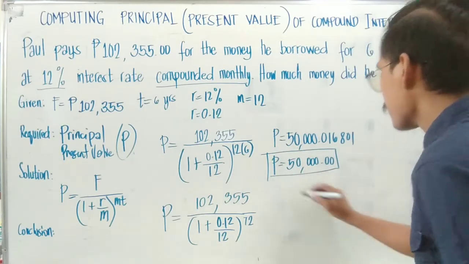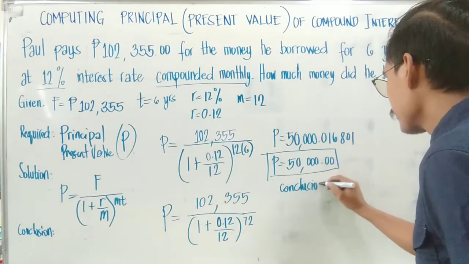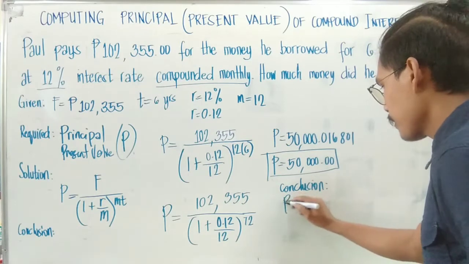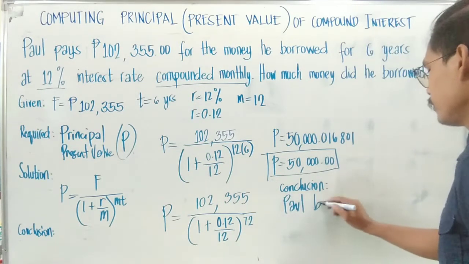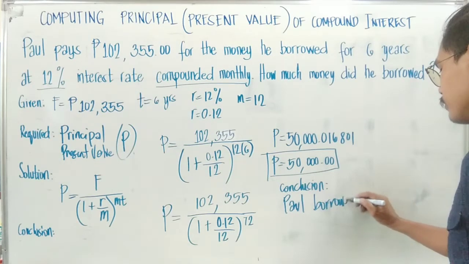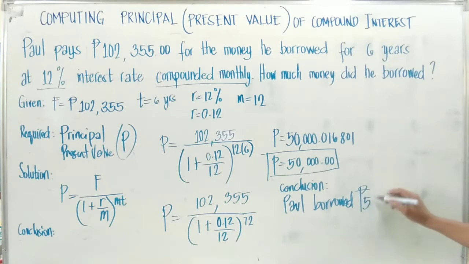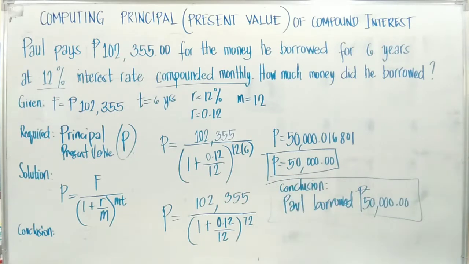Okay, for your conclusion, you can say that Paul borrowed, how much did he borrow? We have 50,000 pesos. Okay, so that is your conclusion.